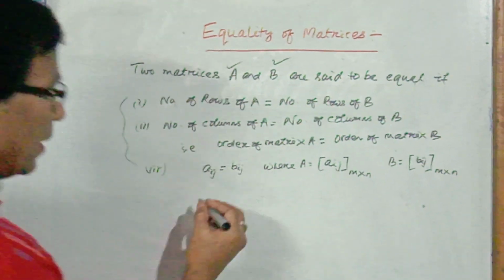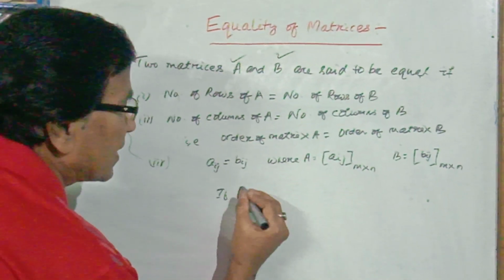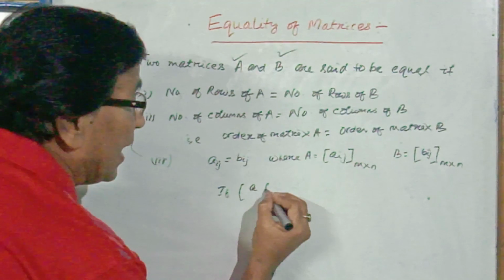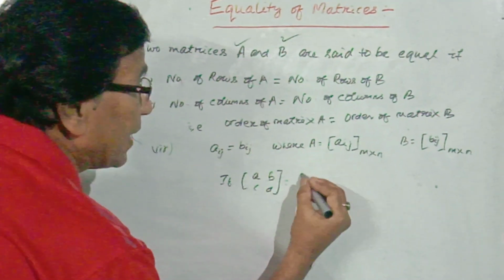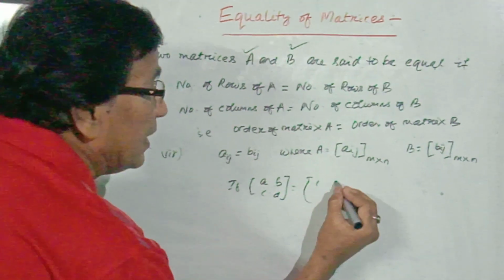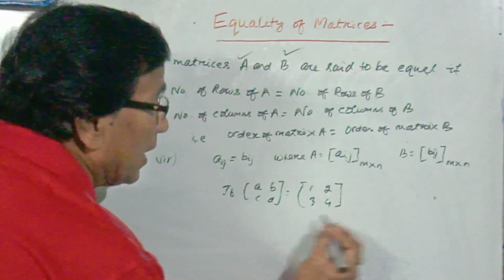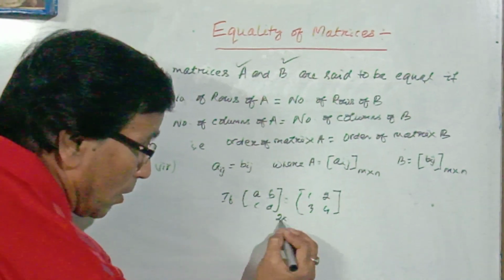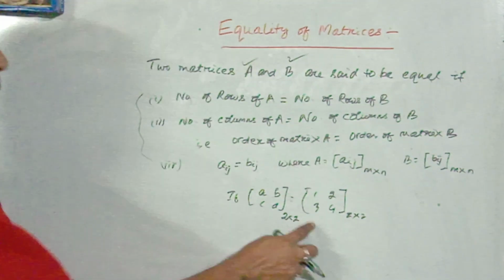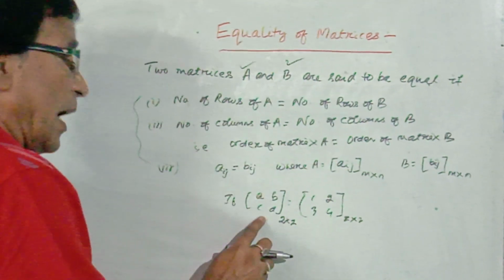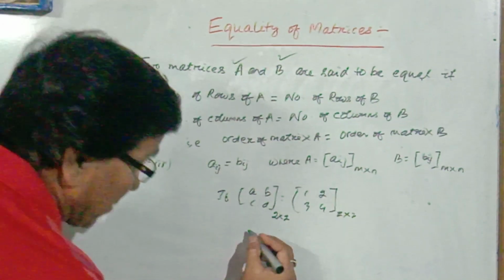For example, if it is given that the matrix A, B, C, D is equal to the matrix 1, 2, 3, 4, here you see their order must be the same. Both of them are 2 cross 2 matrices, and then we can say their corresponding elements must be equal.